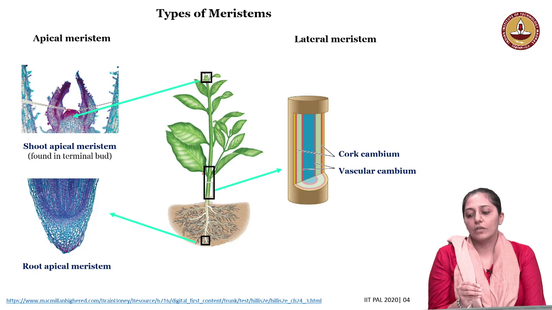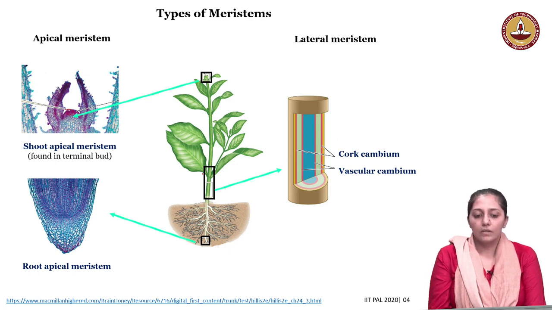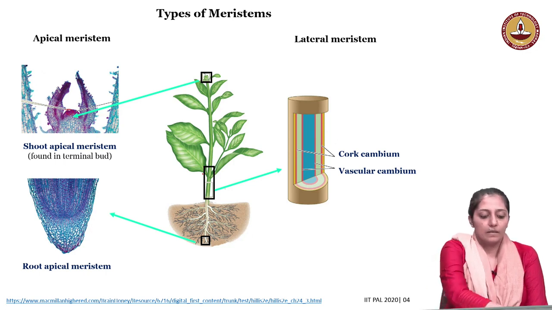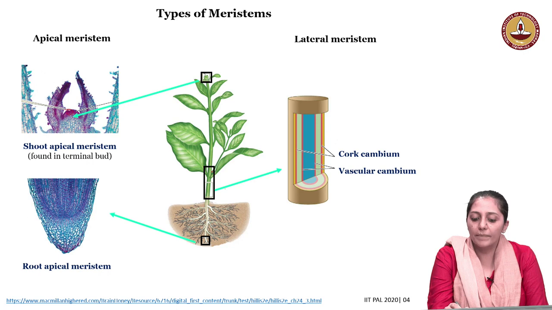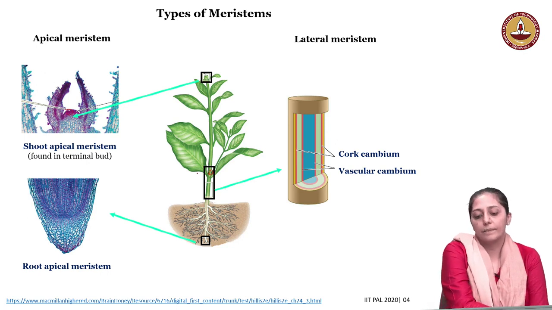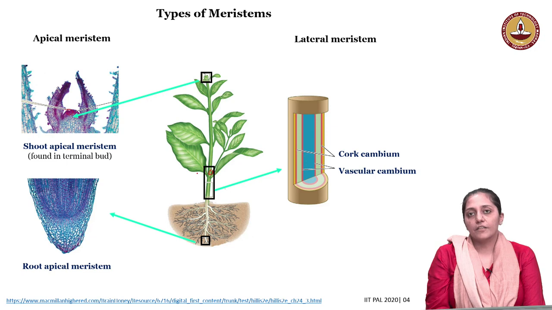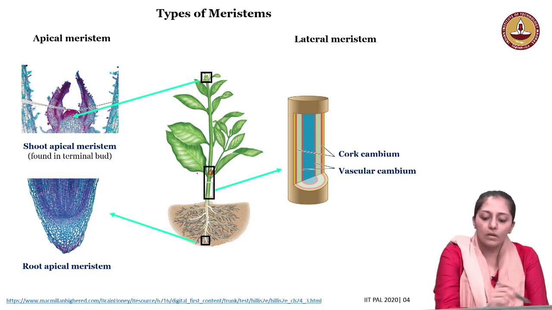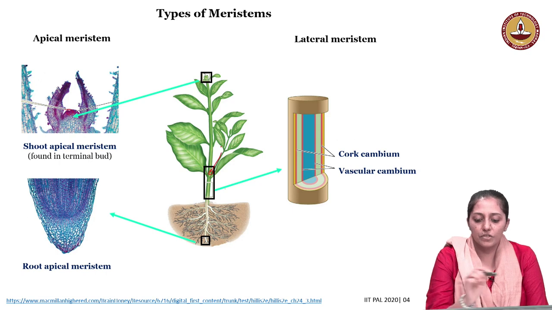If you remember, the vascular cambium, it includes xylem and phloem elements, and the cork cambium is responsible for the growth in the bark region of the plant. So, these form the lateral meristems, and also the axillary meristem, which is responsible for branching to happen, showed here in the nodal region. So, this is another kind of meristem which is responsible for the formation of new branches.